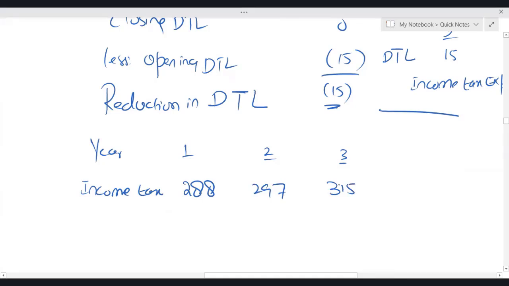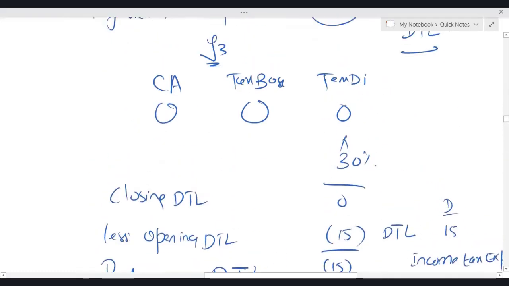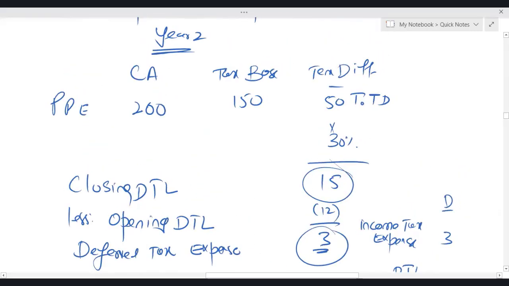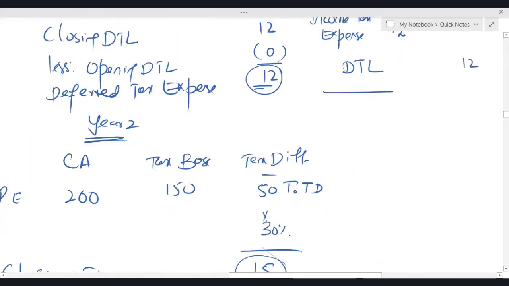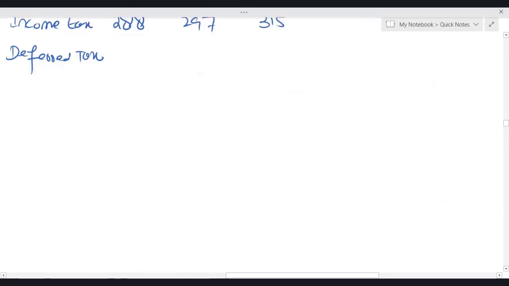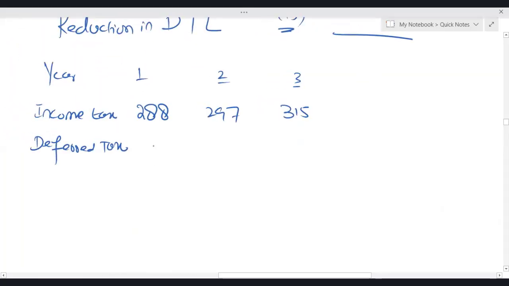Now, in this income tax, we have to adjust deferred tax expense. So in the first year, due to deferred tax, there's an expense of 12 million. In the second year, it is 3. In the last year, there's a reduction of 15.